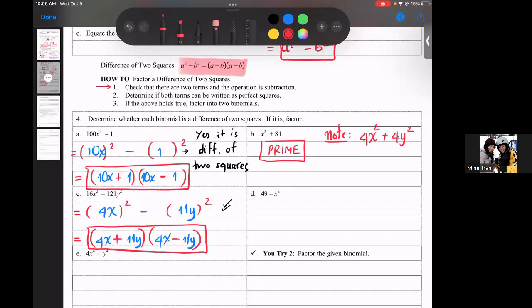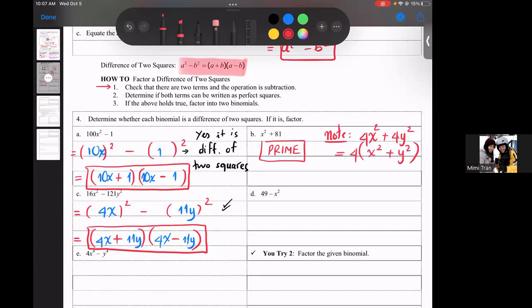Yes and no. Both answers. You have to break it down more. I don't think I can break it down, but I can factor something out. What's a common factor? The common factor is 4. So before I can say prime, I have to factor the 4 out. So 4 times the quantity x squared plus y squared.